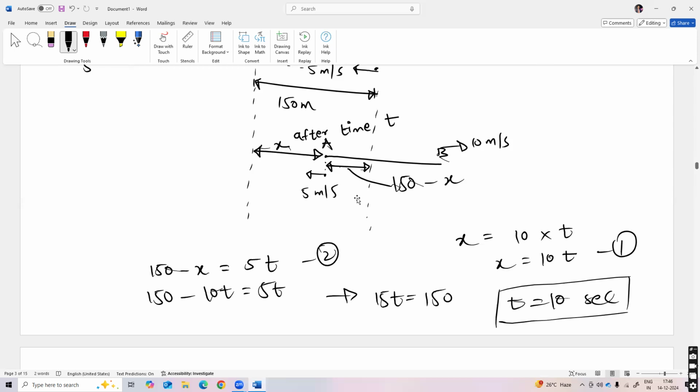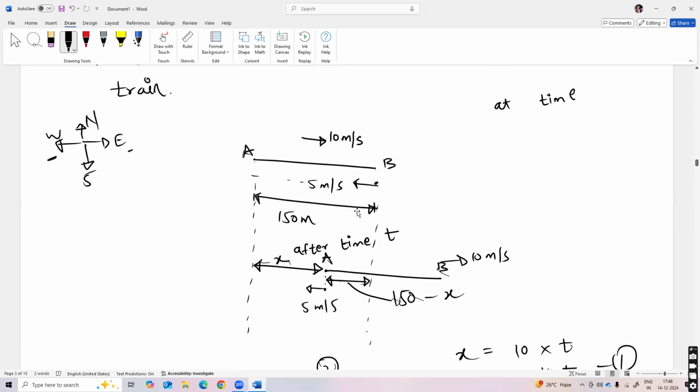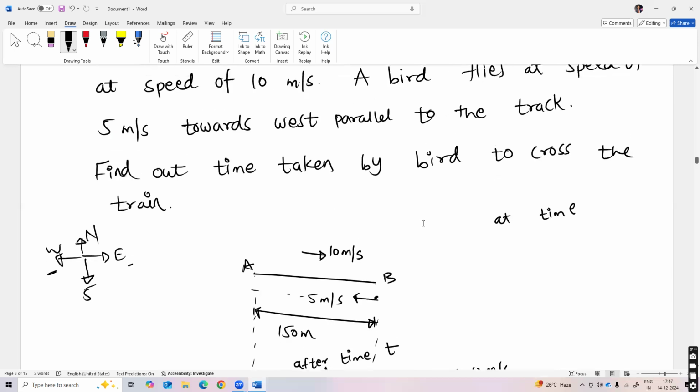So this is from our conventional method, where we find out the location and solve two simultaneous equations. Whereas now, let's find out the relative velocity of the train, let's say t as the train, with respect to b as the bird. It is equal to the velocity of the train minus the velocity of the bird.